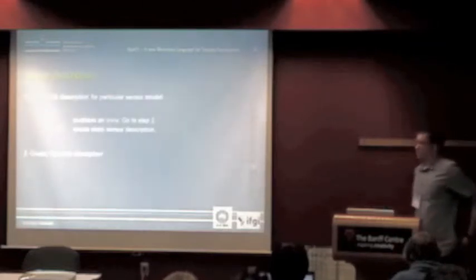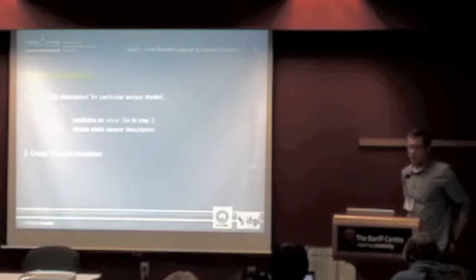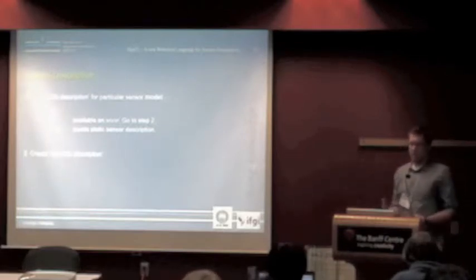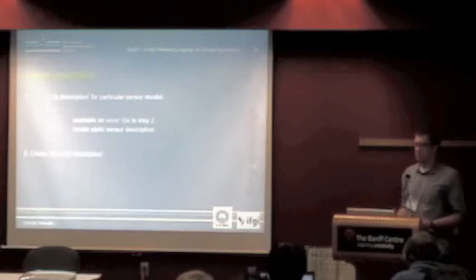So if a user wants to create a sensor description, he has to perform mainly two steps. The first step is to find the static description on the web for the particular sensor model he or she wants to describe.